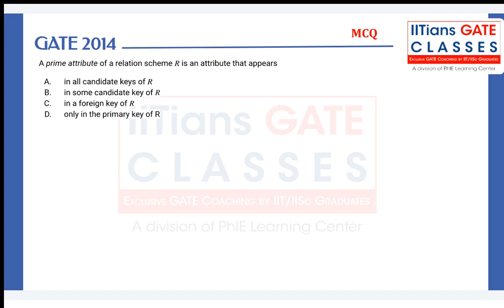So you also need to know one thing about prime attributes. Let's say there is a relation A, B, C, D, E, and let's say you found the candidate key as AC. Now A and C become the prime attributes.